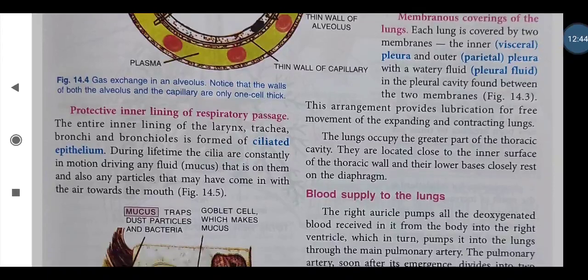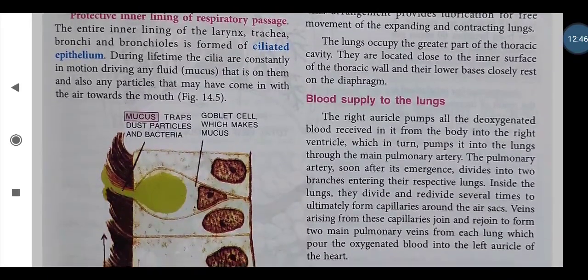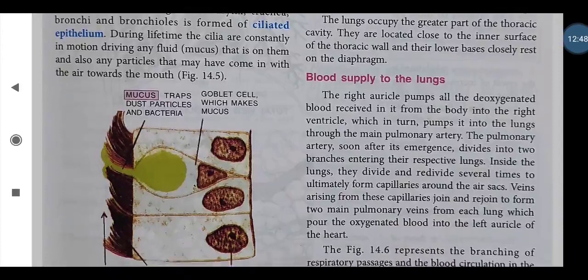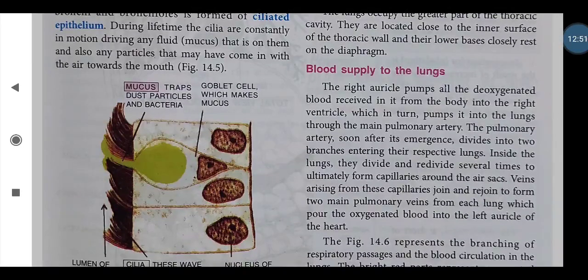Now, blood supply to the lungs. The right auricle pumps all the deoxygenated blood received from the body into the right ventricle of the heart. The right ventricle, when pumped, transports the deoxygenated blood to the lungs through the pulmonary arteries.